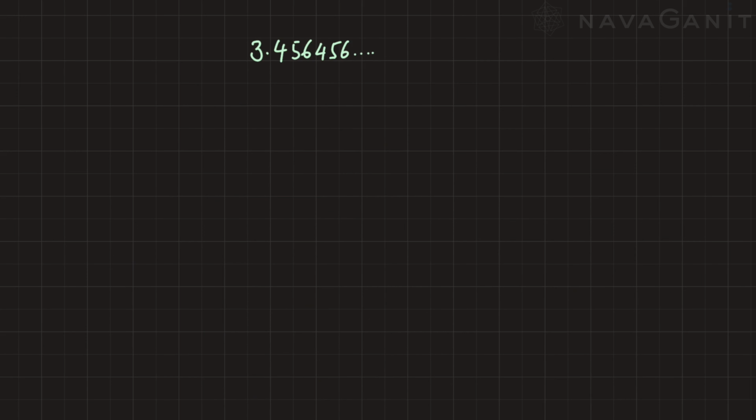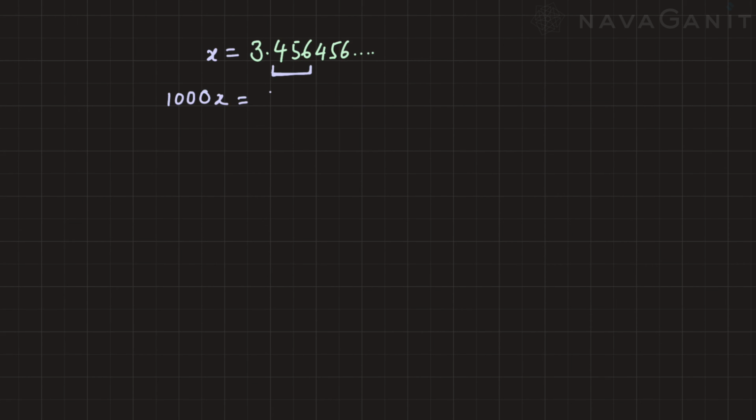Let's see another example. Say I need to represent 3.456, 456 and so on as a fraction. So first step is to consider this as my x, and now I will identify what is a repeating block. So in this case I can see that this 456 block is repeating. And this block has 3 digits, so I'll just multiply it with 1000 so that I'll get all these 3 digits towards the left hand side of the decimal point.